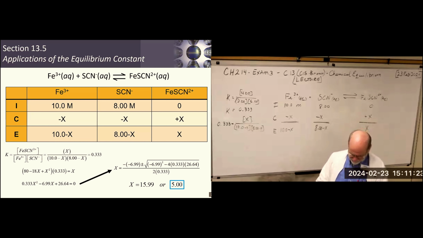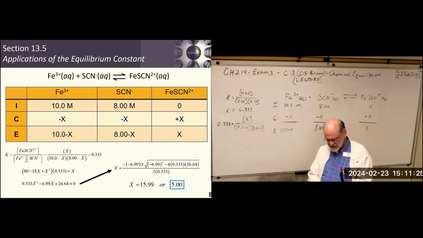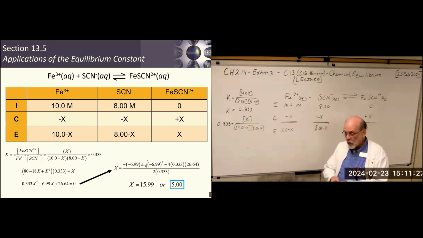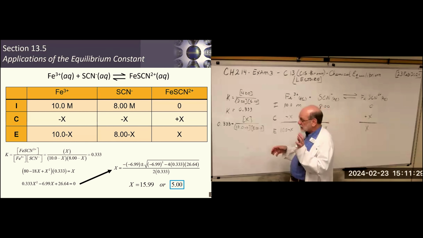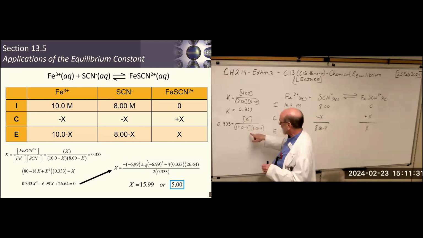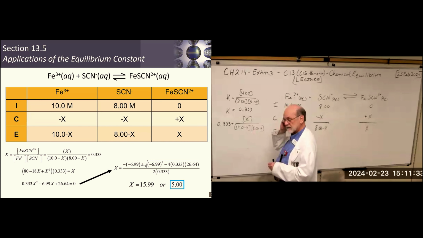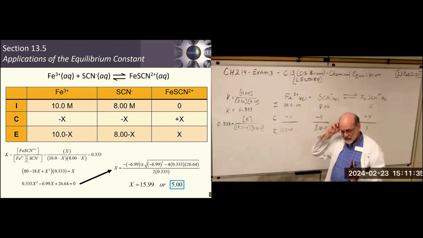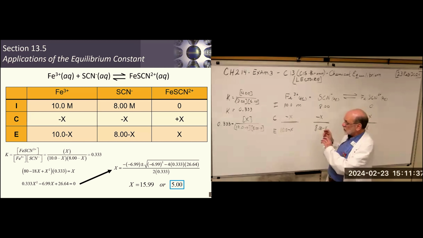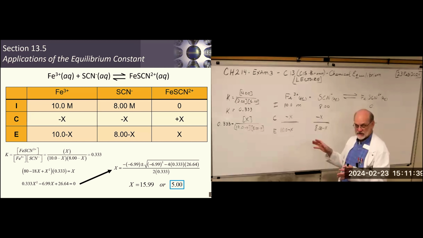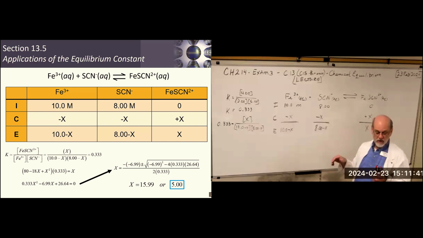Now, there's a way to tell if you're going to do the successive approximations, or if you have the opportunity to drop the x's. And we'll talk about that in a minute too. But if you do make those assumptions, then there's what's called the 5% test.